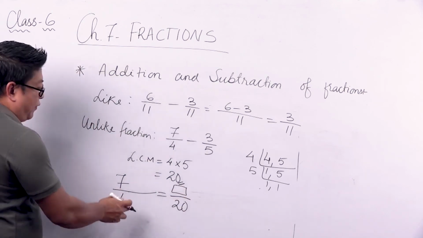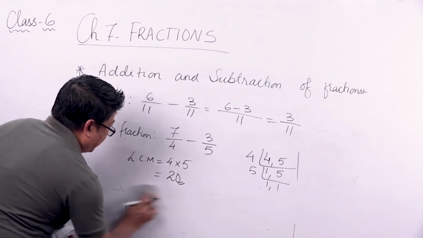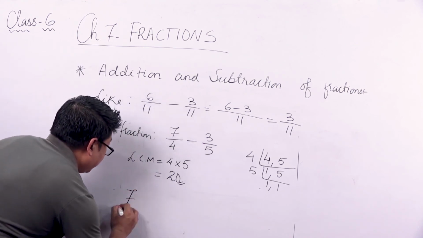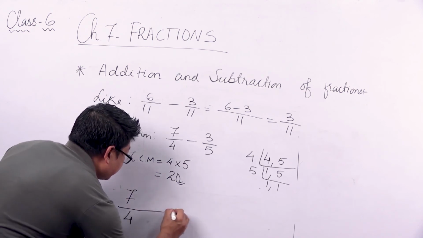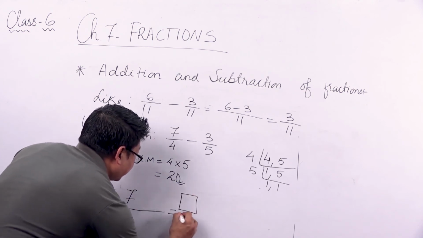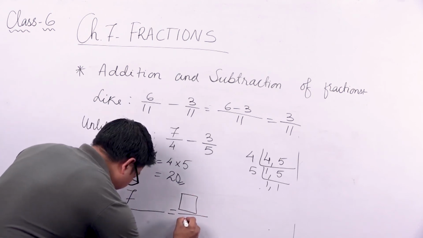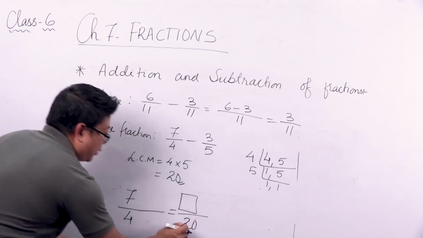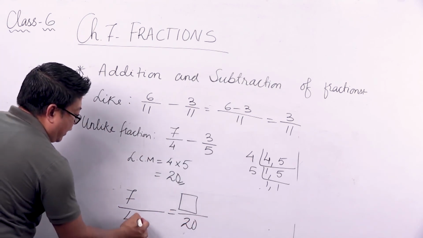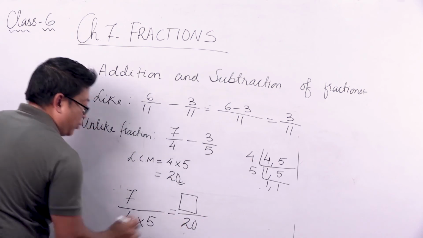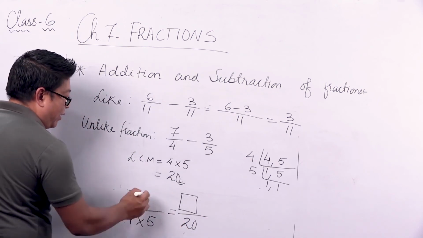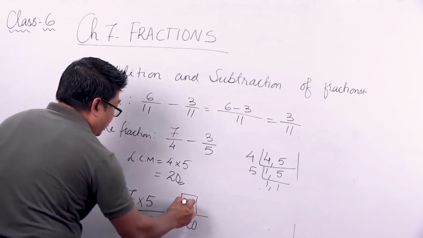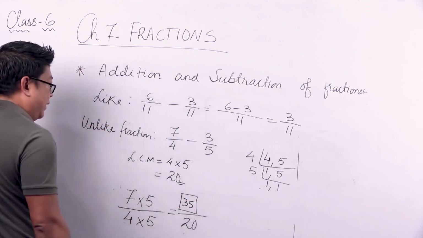So first, we will try to find the numerator. We know the LCM is 20. So 4 into 5, we get 20. Since we multiplied by 5 here, we will multiply by 5 here also. It will become 35, right?